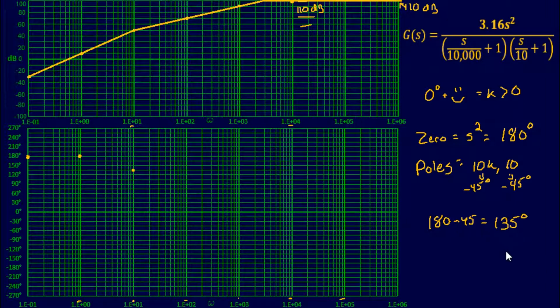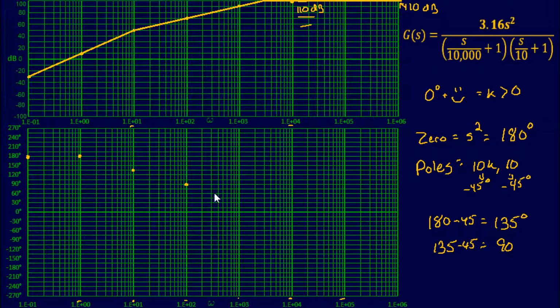If you take 45 away from 135, minus 45 again, that should give you 90 degrees. So I have 180, going down to 135, going down to 90. All I did was take away 45 degrees at a time for these decades.